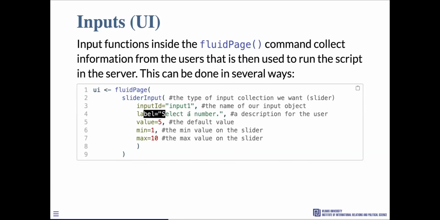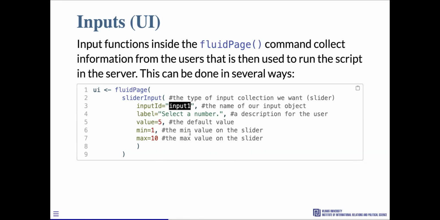This function here, what it does is create a user interface that has this little slider that starts at 1, ends at 10, where the default value before the user does anything is 5, and that stores that information. Initially, that information is going to be 5 in this object called input1.